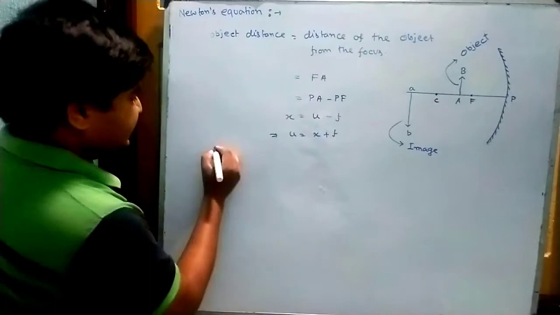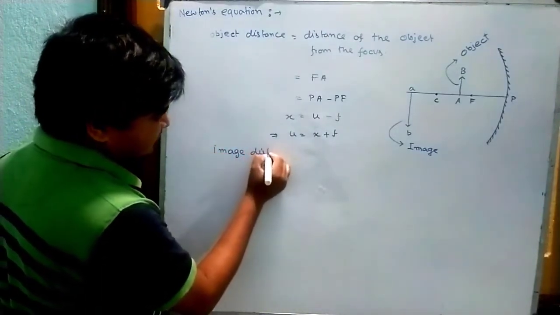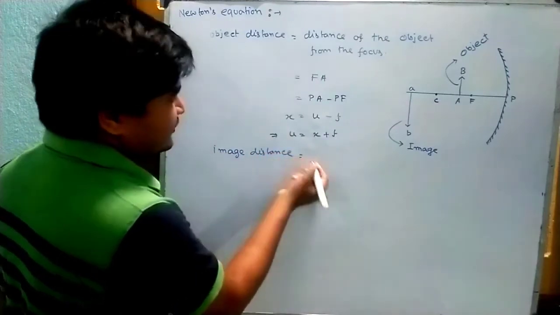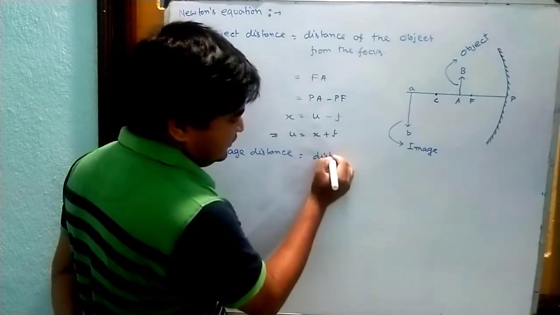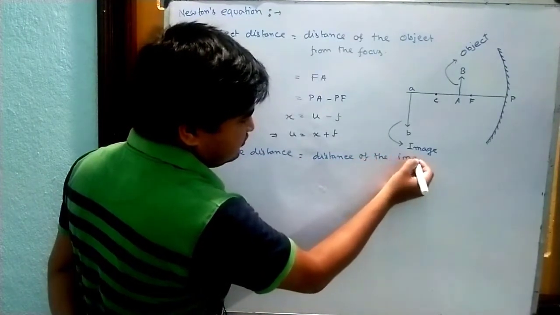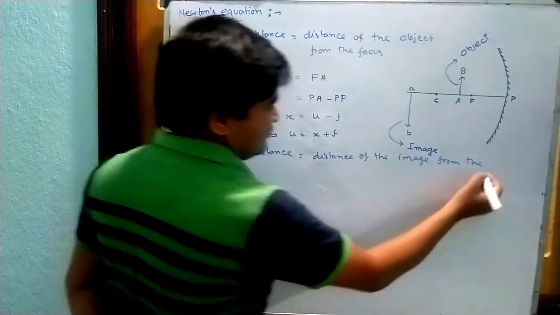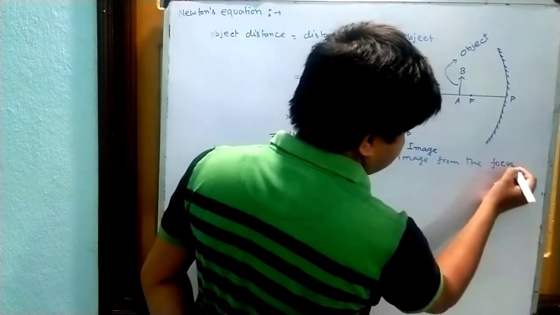Okay. Next, image distance according to Newton is the distance of the image from the focus.